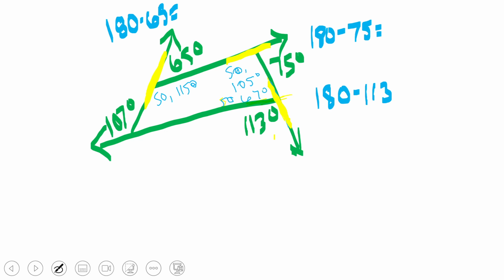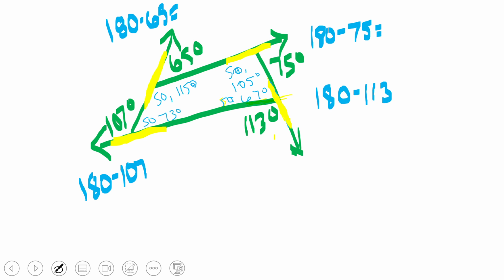And we're going to have this one that we need to figure right here. So 180 minus 107 for those linear pairs. So this angle is 73 degrees.